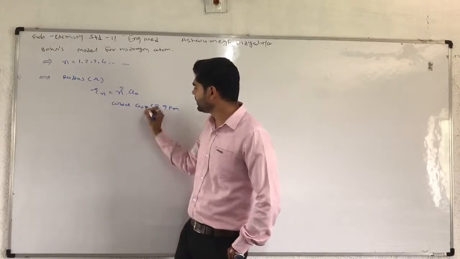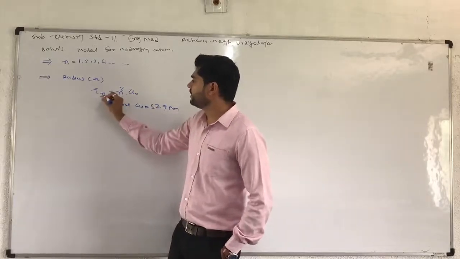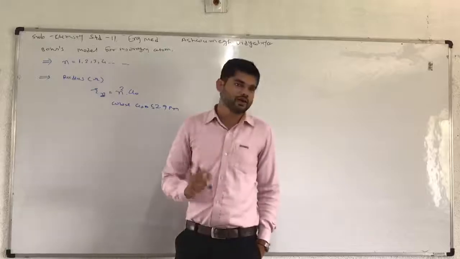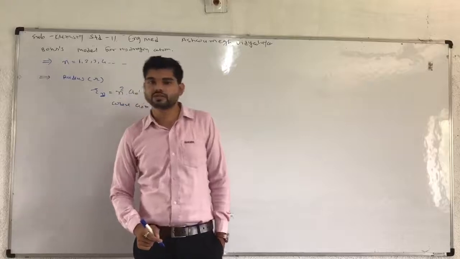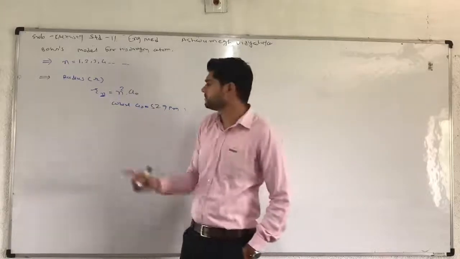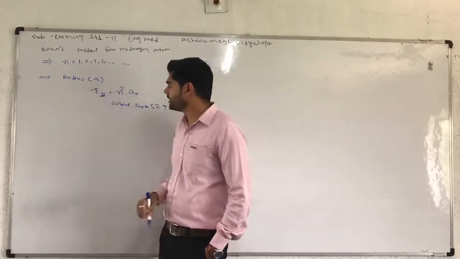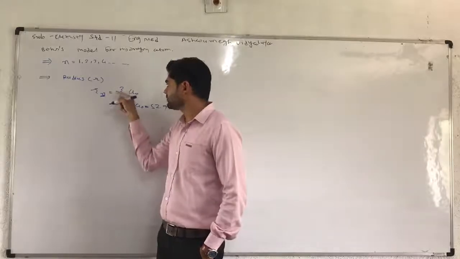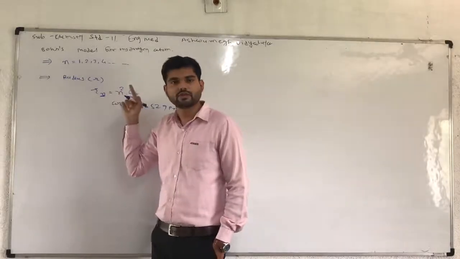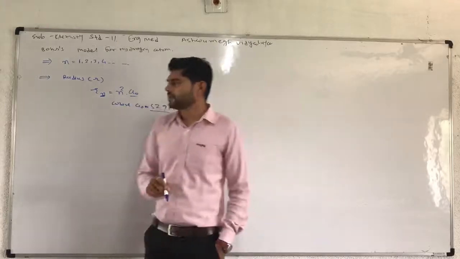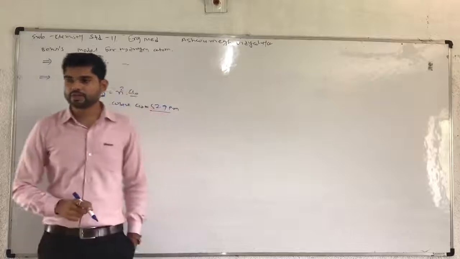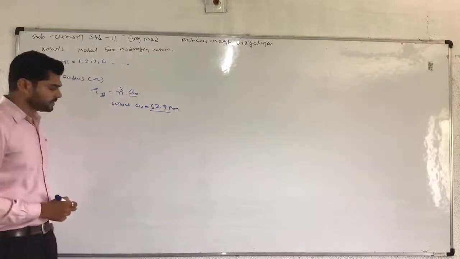52.9 picometer is A0. Here, for Bohr's atomic study of the hydrogen atom, the atomic number of hydrogen is 1, and for the first orbit n equal to 1. So with quantum number n equal to 1, 1 square into 1, the radius of the first orbit is taken as 52.9 picometers.